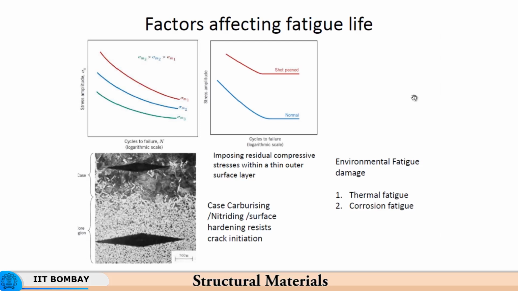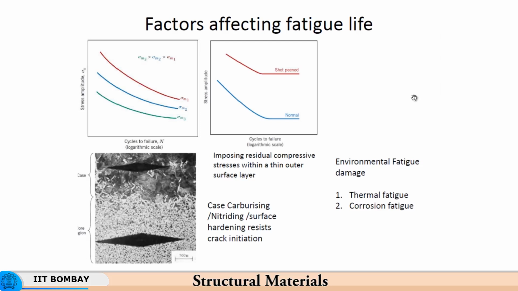If you look at the stress amplitude, if the mean stress is low, the stress amplitude is highest. Sigma m1 is the least of the mean stresses, and the stress amplitude therefore can be much higher.